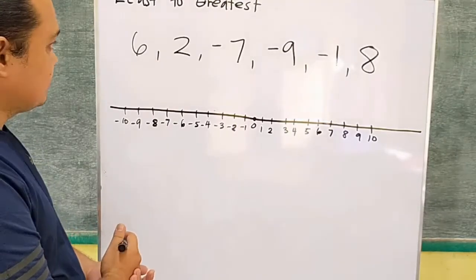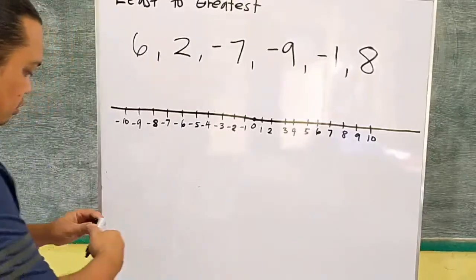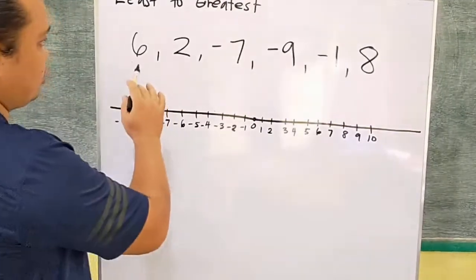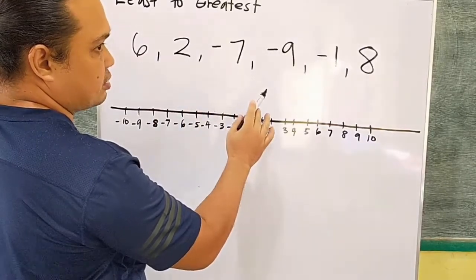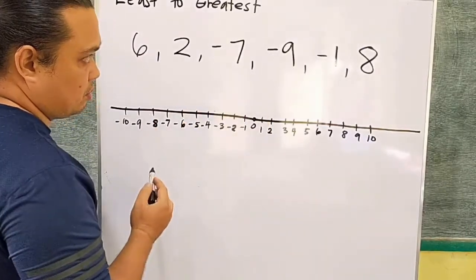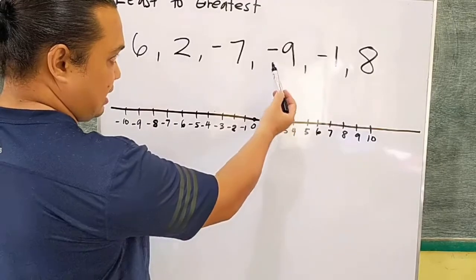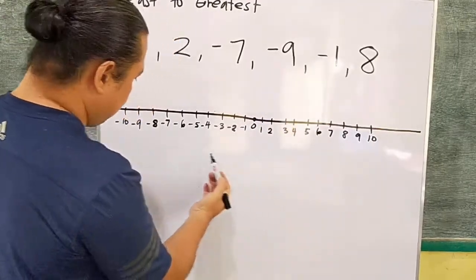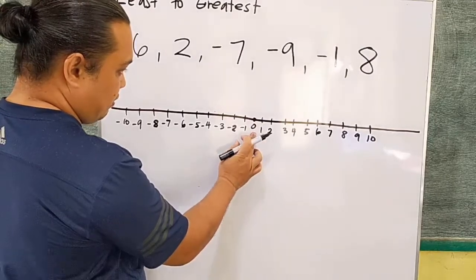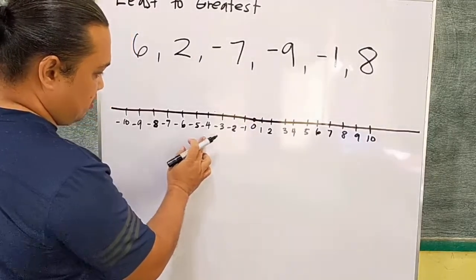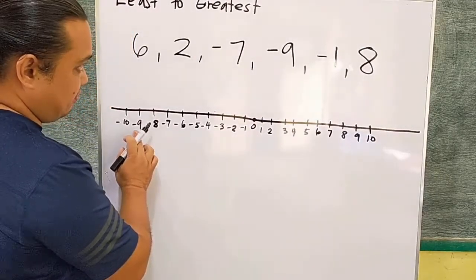Okay. So if you're going to look at the set, which number is the farthest to the left of 0? That is negative 9. We have here negative 9. If you base them from 0, the farthest number to the left of 0 is negative 9.